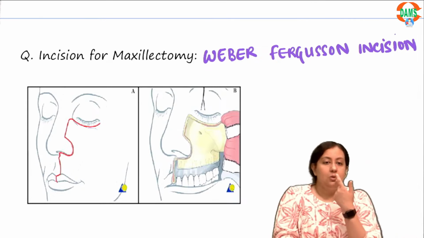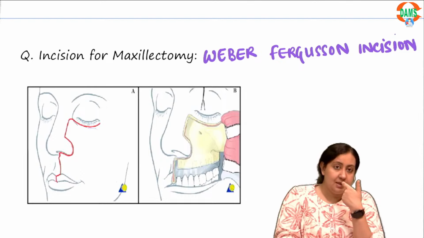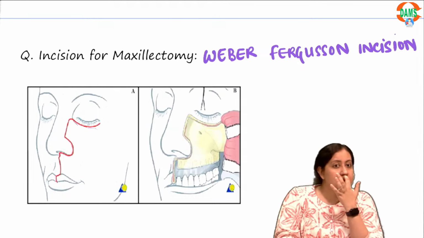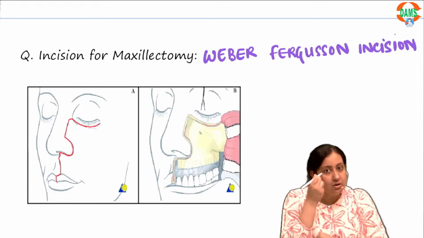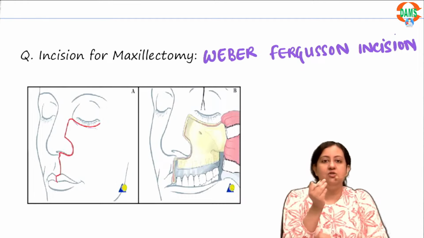Okay, so Weber-Ferguson incision basically starts in the midline of the upper lip in the philtrum region. It goes till the base of the nose. Alright, it goes around the nostril, around the ala, parallel to the bridge of the nose, and then it is curved towards your infraorbital crease, and then it goes laterally.